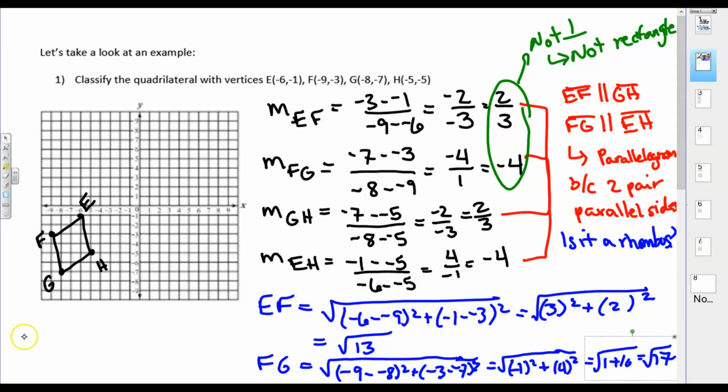So here's the thing. EF does not equal FG. Therefore, it's not a rhombus because my sides are not congruent.